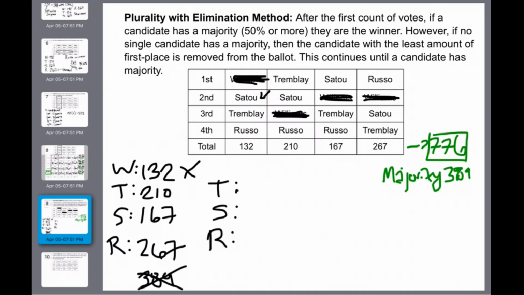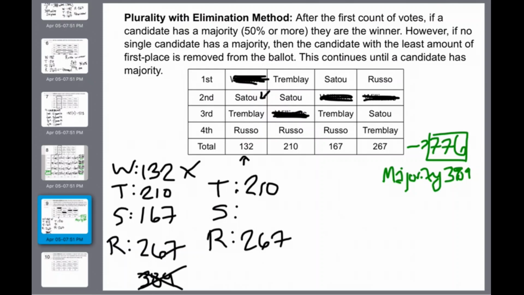All right, now we look at our first place votes. Tremblay only appears in our 210 column. Russo still only appears in our 267 column. But Sato gains these 132 votes.